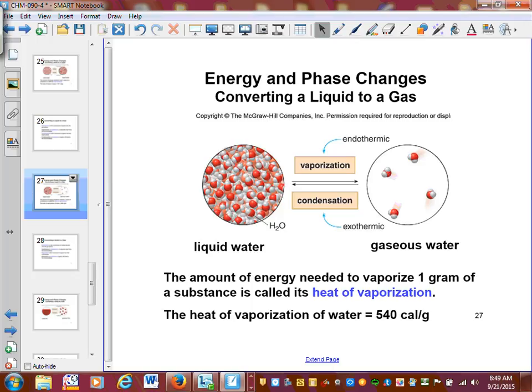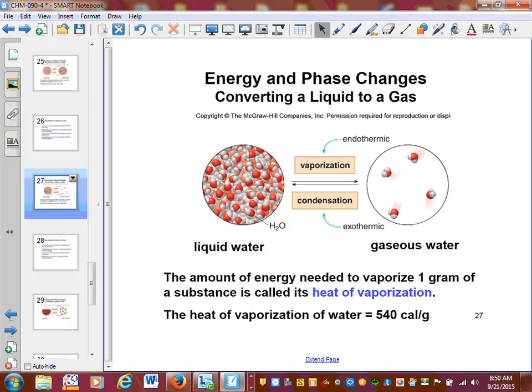So liquid water, gaseous water, vaporization, endothermic. Condensation, exothermic. The amount of energy needed to vaporize 1 gram of a substance is called the heat of vaporization. For water, it's 540 calories per gram.